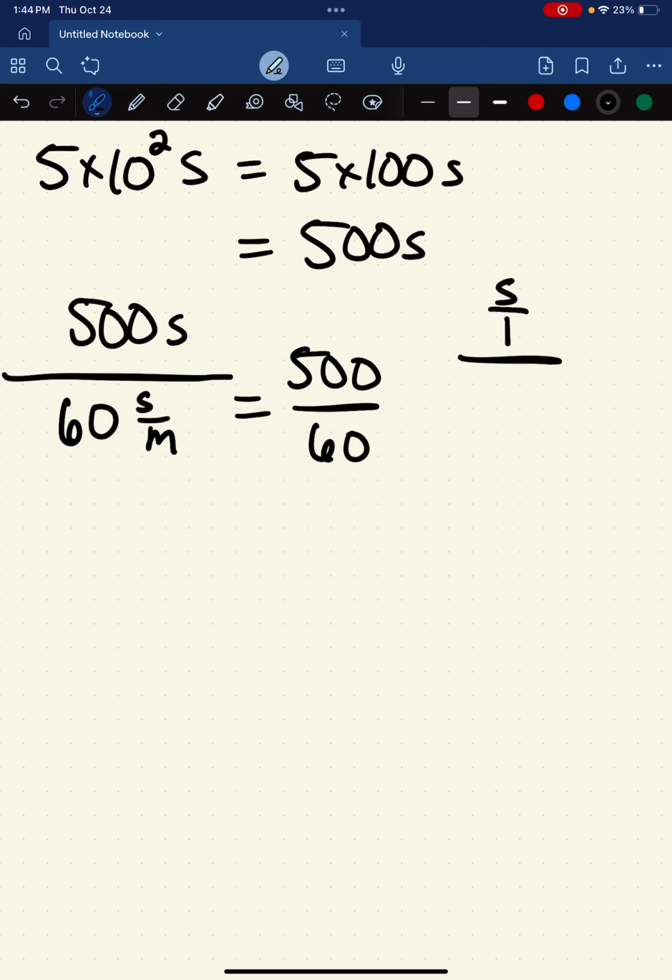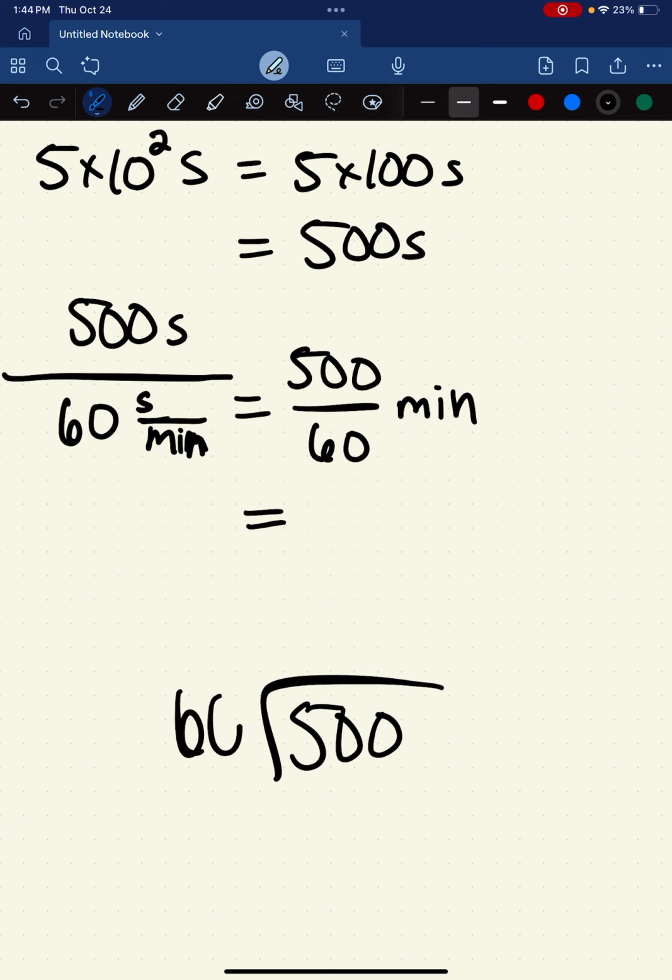Seconds divided by seconds per minute is going to be seconds times minute per second. The seconds cancel out, you get minutes. Maybe I need to write min instead of m. That way we're not confusing it with meters. So we get 500 over 60 minutes.